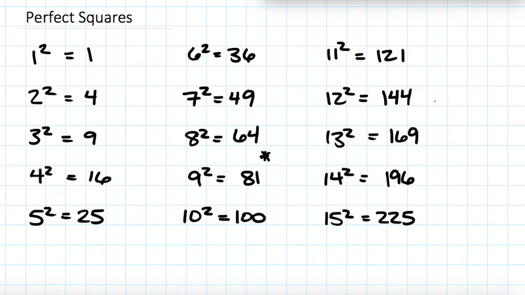So 75 divided by 64, no. 75 divided by 49, no. 75 divided by 36, no. 75 divided by 25, yes. 75 divided by 25 is 3. So I know 75 equals 3 times 25.